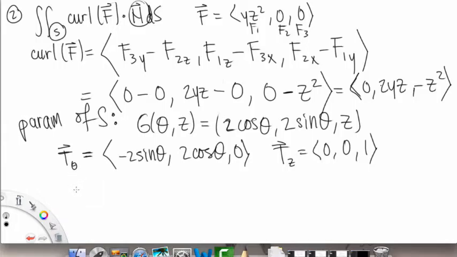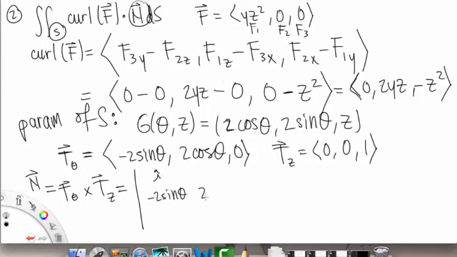So we have our normal vector equaling the cross product of these two that we just found. So that's equal to, and we'll set this up, i hat, j hat and k hat, negative 2 sine theta, 2 cosine theta, and 0, 0, 0, 1.